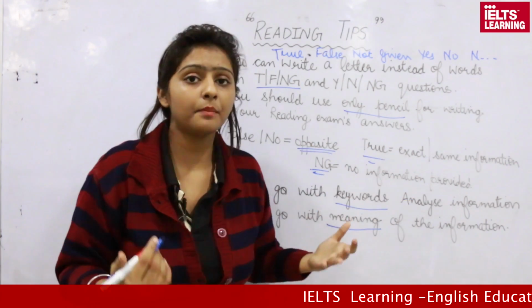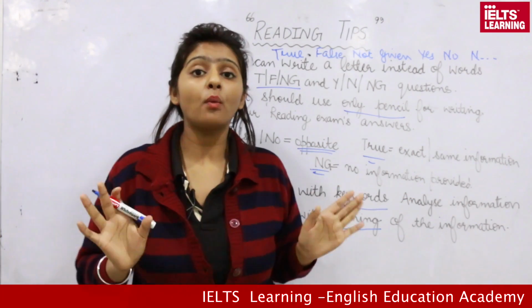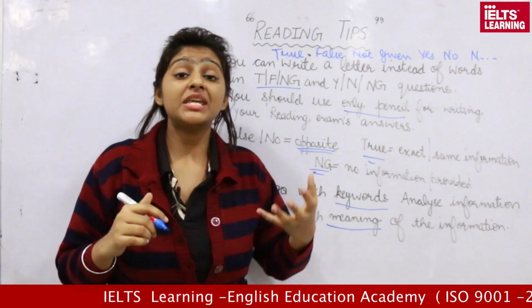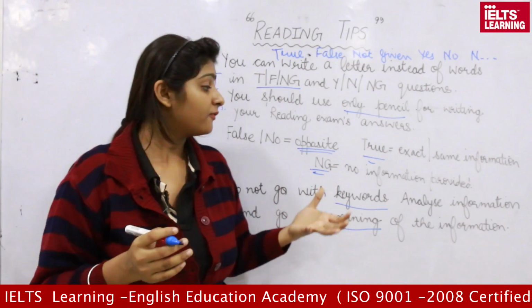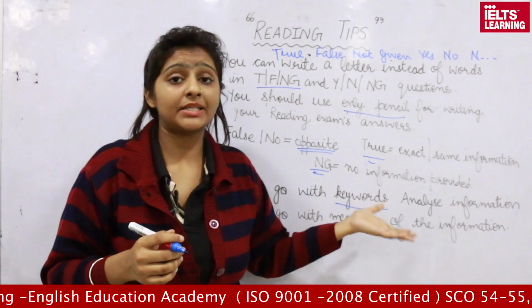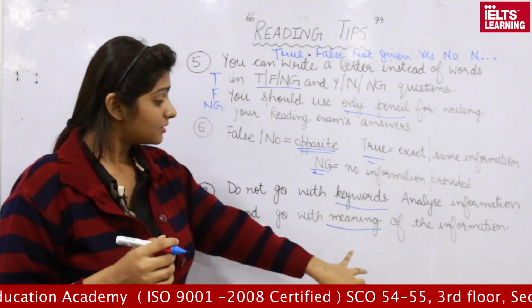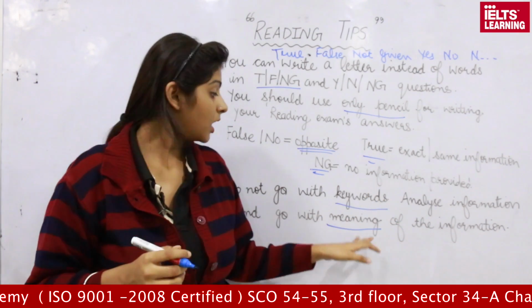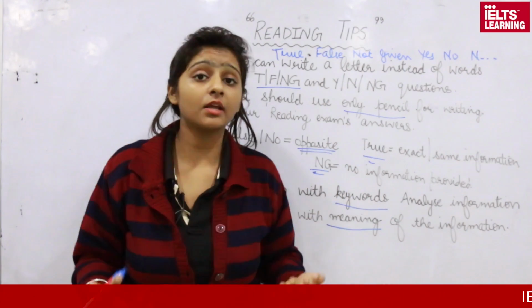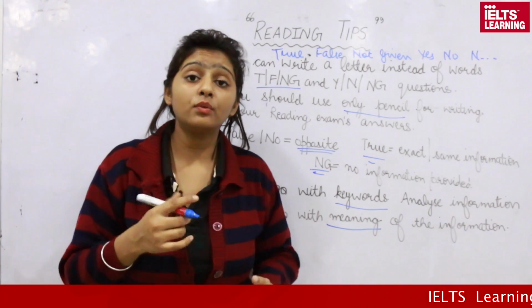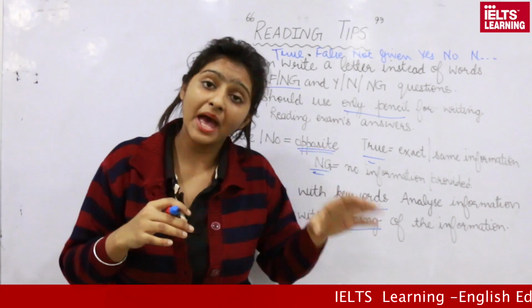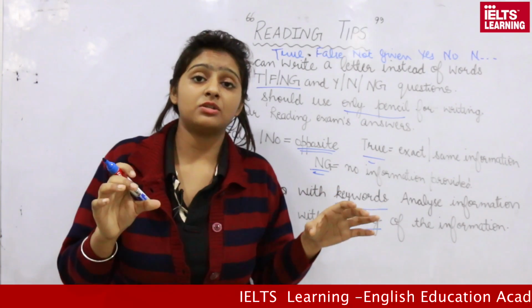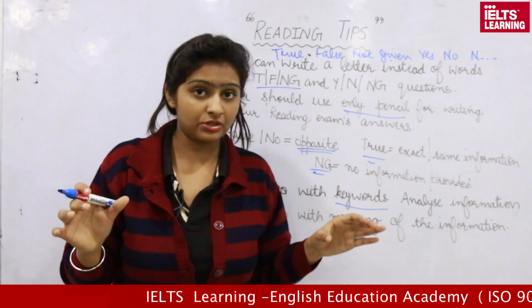So yes, they are important, but do not only go with the keywords, because that would make you fall into the trap of not being able to find the correct answer. So go with the meaning of the information. Underline the keywords, find out the location in the passage, and then go with the meaning of the information found in the passage and the information provided in the text as a question.